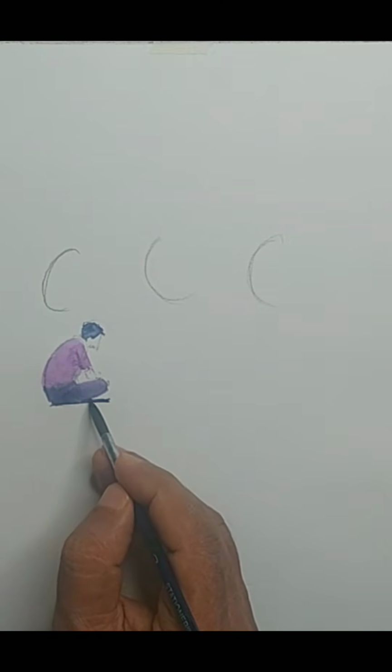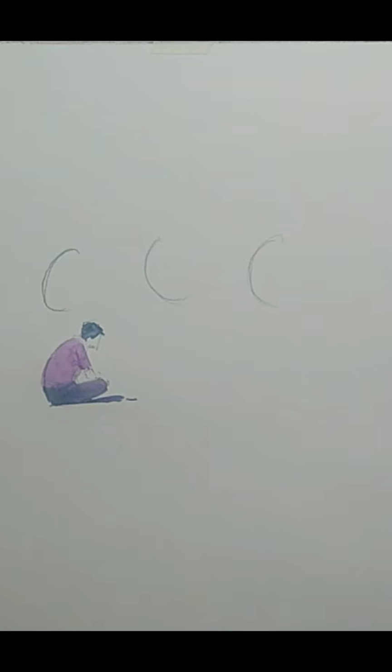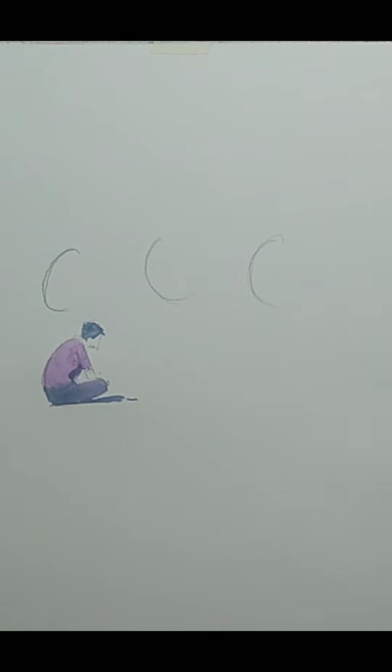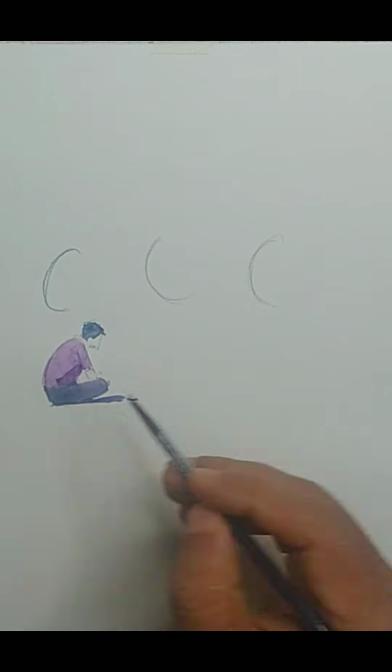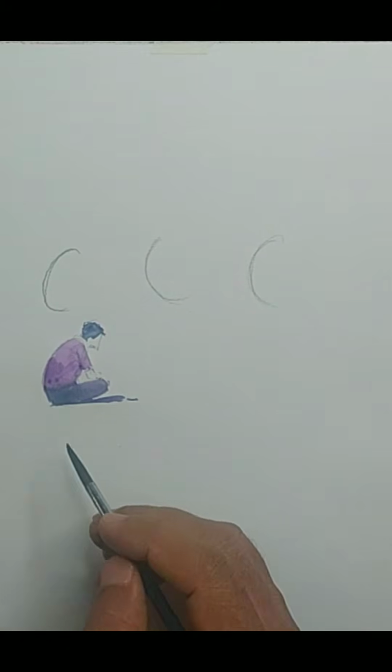Now I think I'm pretty much happy with the way it came out. Somebody is sitting down on the ground with a crossed leg, and the shape is a little convincing.